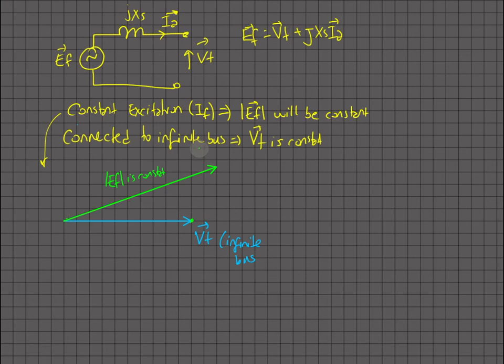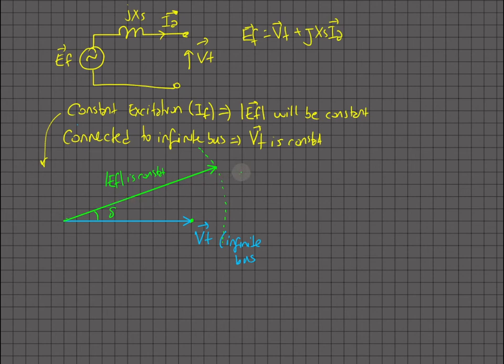and that one can only move along that circle, because the magnitude is going to be constant, and you have your load angle. If you are increasing your power, it will move on.